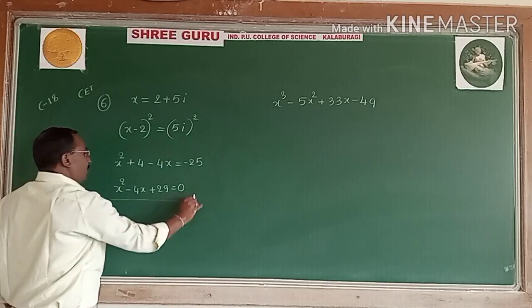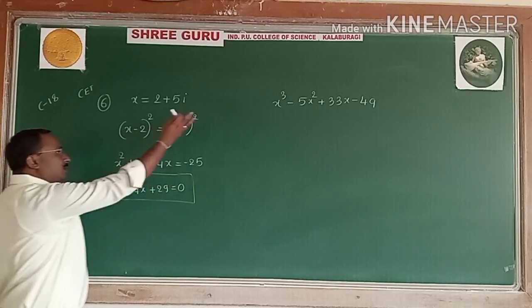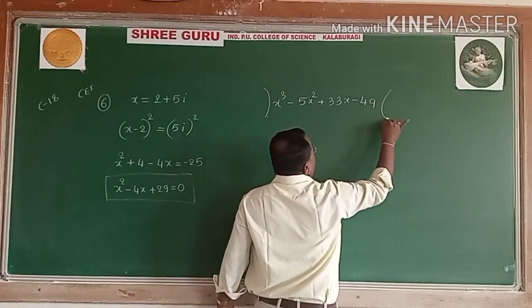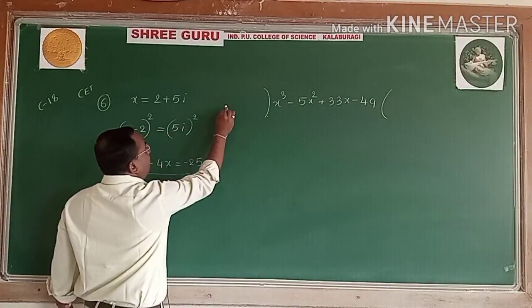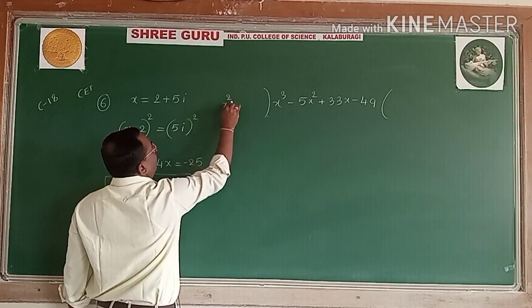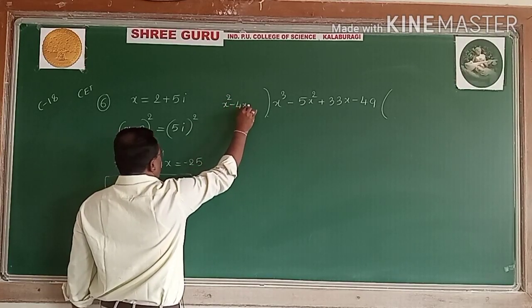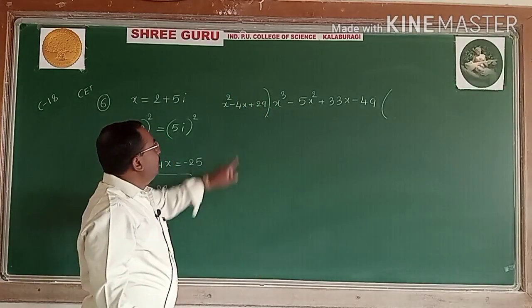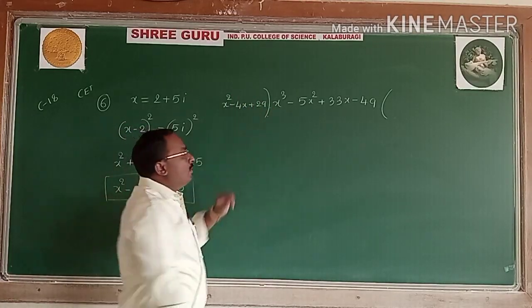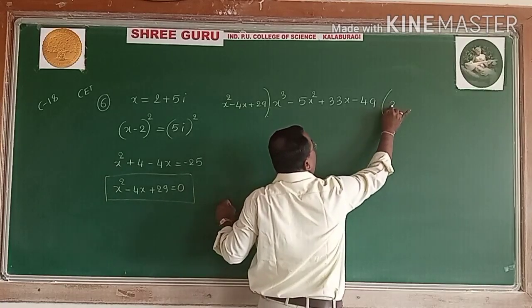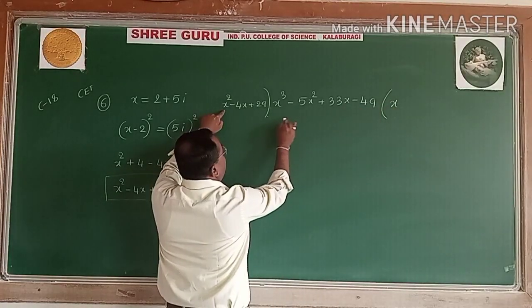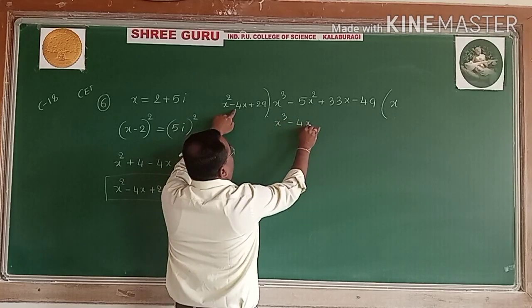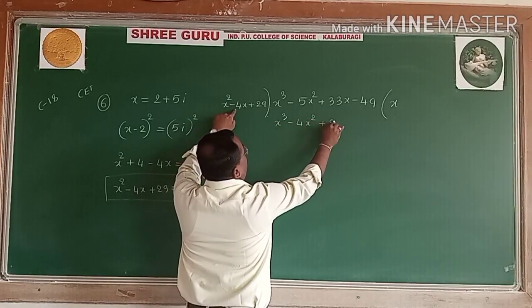This is a factor, so divide the polynomial by the quadratic x square minus 4x plus 29. Here x cube: 1 times x, x cube minus 4x square plus 29x.